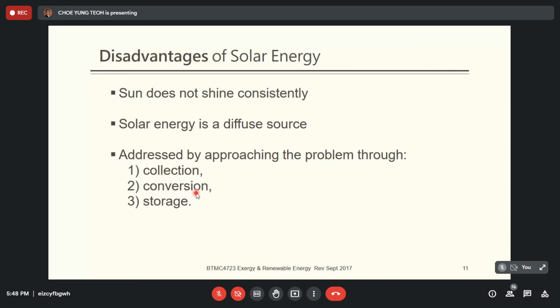There can be many methods, but now mostly the focus is on the photovoltaic technique. The last one: after we do the conversion, how do we store it? Are you able to store the light energy? Mostly not, but if you convert it to electricity, we are able to store the electricity. These are the problems that we need to consider, like how to increase the efficiency of all of them.